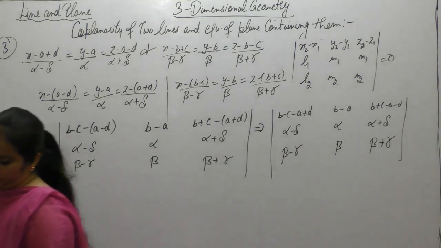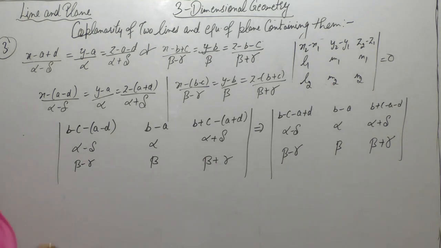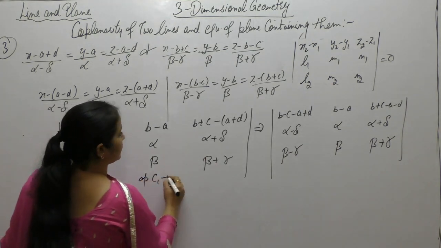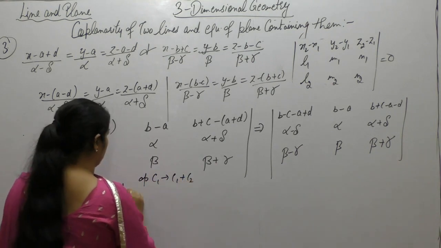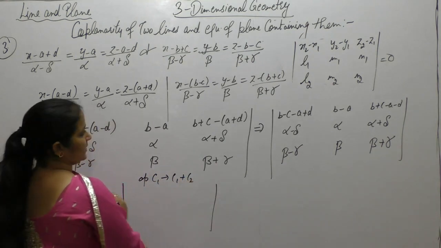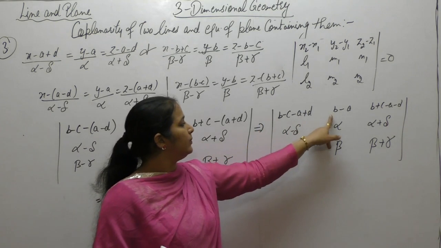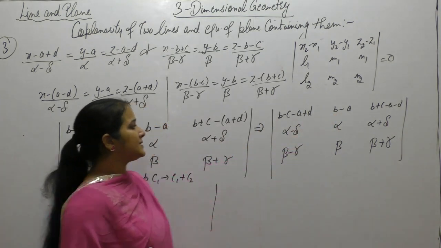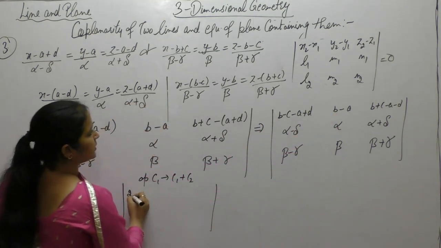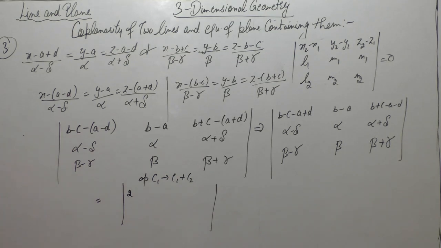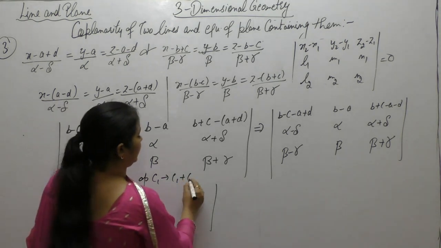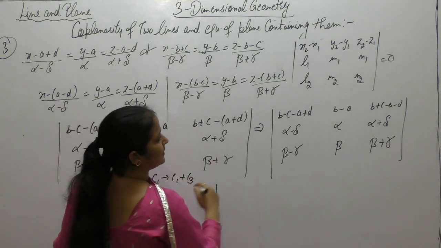Now apply the operation on it. Operate C1 as C1 plus C2. What we get? B plus B minus A plus A, so 2 times... C1 plus C3 if we apply, then it will get cancelled.